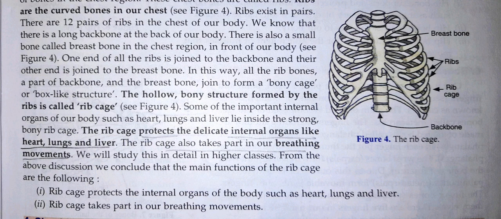Bony framework inside our body is called the skeleton. It consists of skull, backbone, ribs, breastbone, shoulder bones, hip bones, arm and leg bones, etc. And what are the functions of the skeleton? Second question: skull and its function, backbone and its function, rib cage and its function.